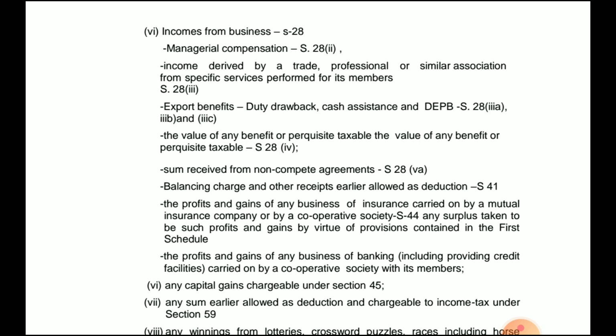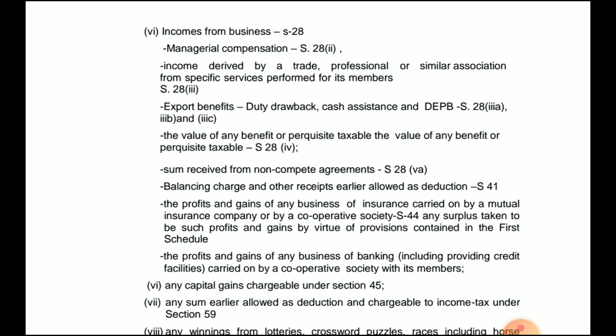Then the value of any benefit or perquisite taxable. So if there is any perquisite which is taxable, it has to be treated as income, but it should be of the value of any benefit, then it is a taxable perquisite, which is said in section 28, subsection 4.